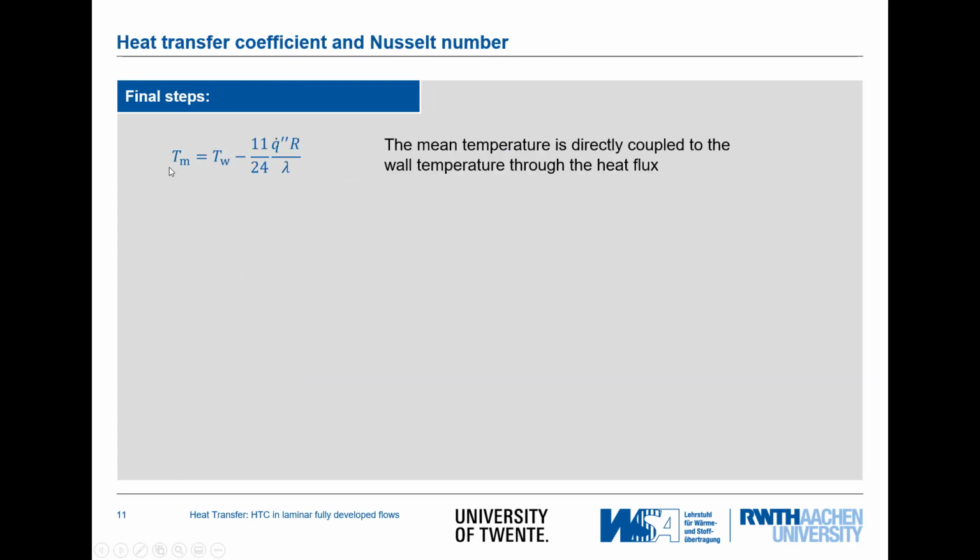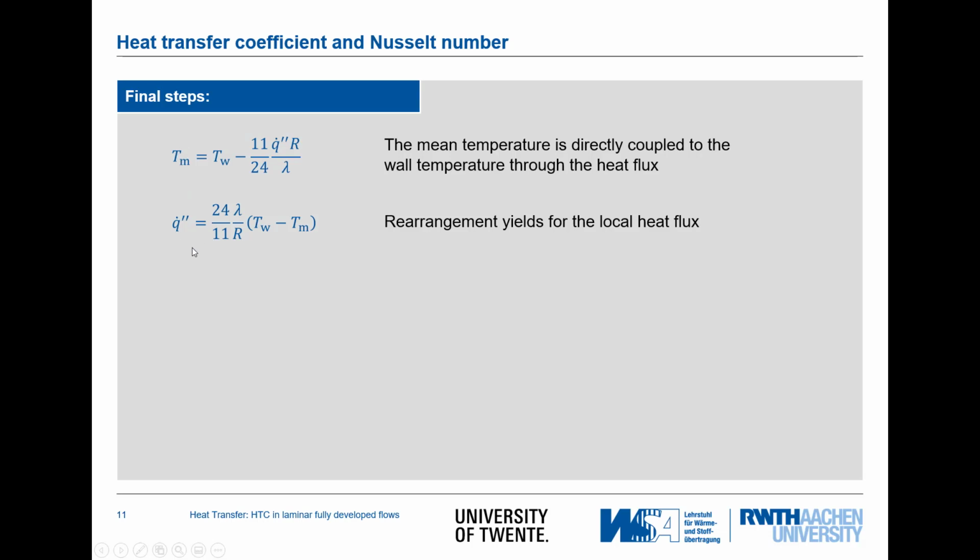To do that, we need to find the difference, so we have to include this in the equation for the heat flux, and you see this is directly the equation of the heat flux. It couples the heat flux to the temperature difference between the wall and the mean temperature of the fluid.